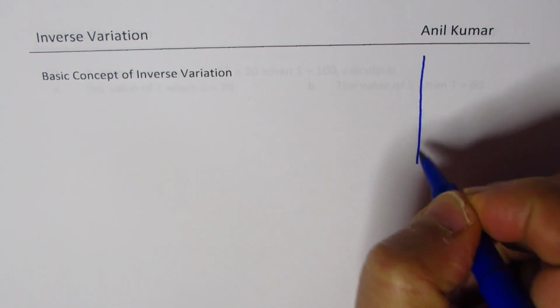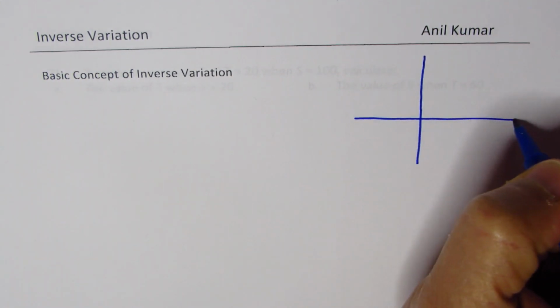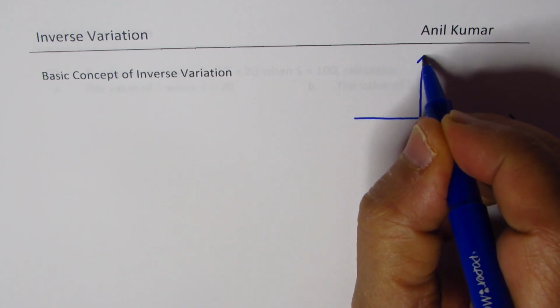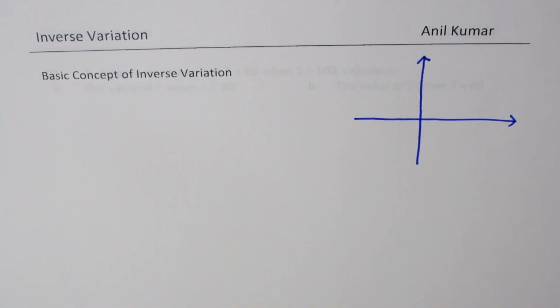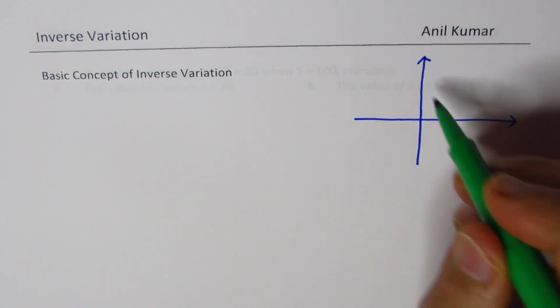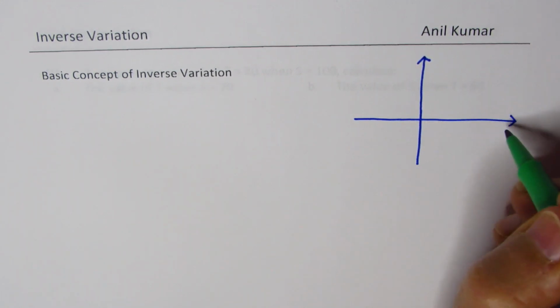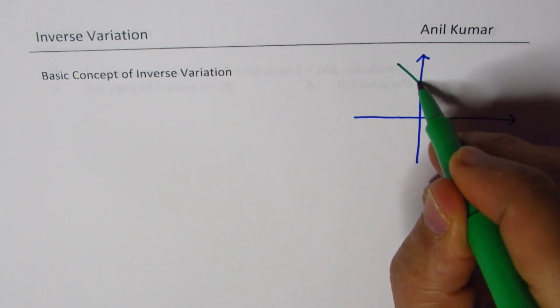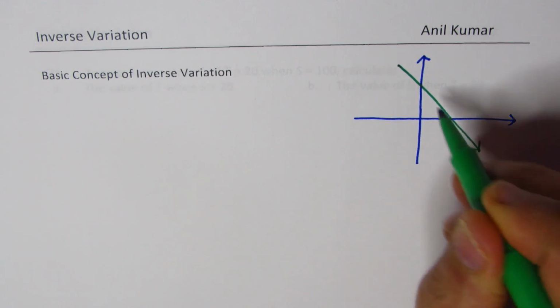So basically in inverse variation, if you look into a coordinate plane, in that case, if the x value is increasing and y decreases, that is called inverse variation, right? So something like this.